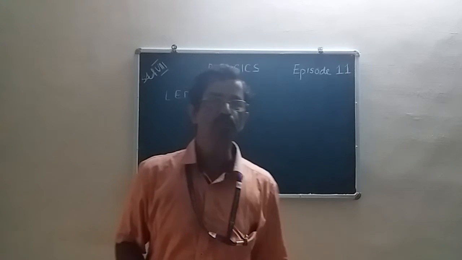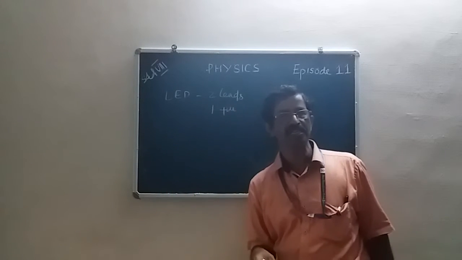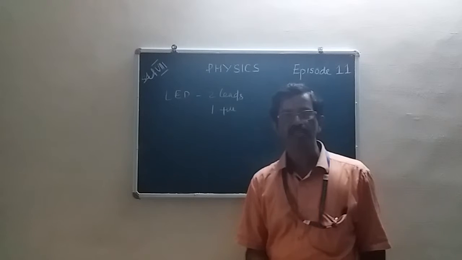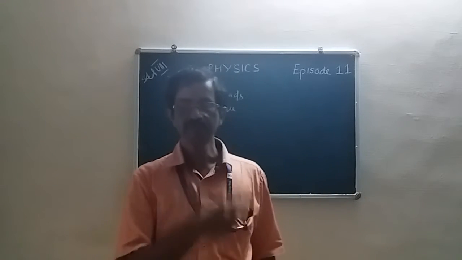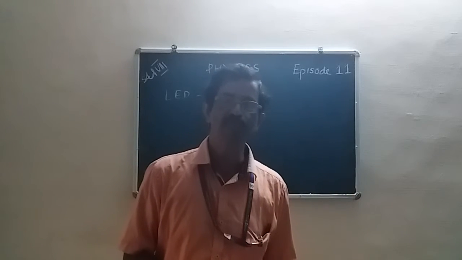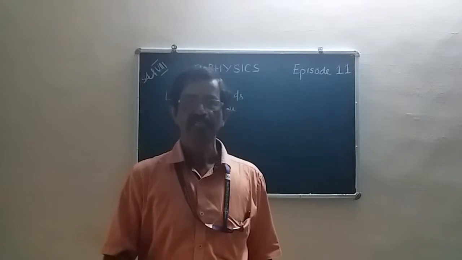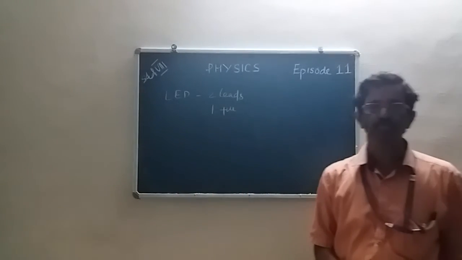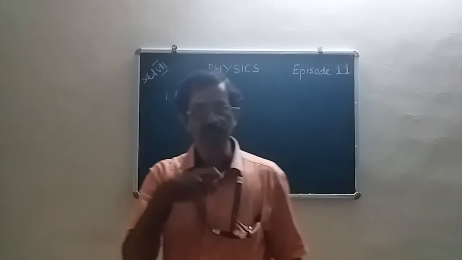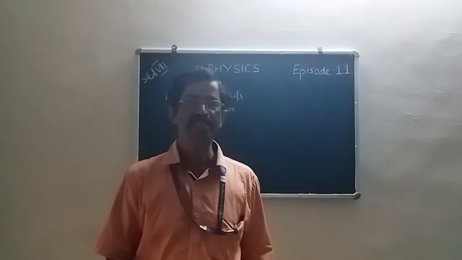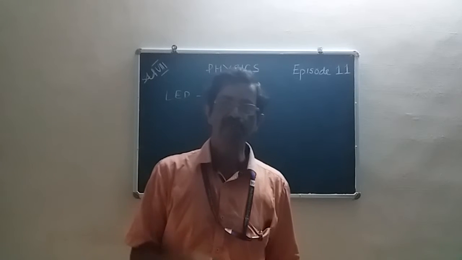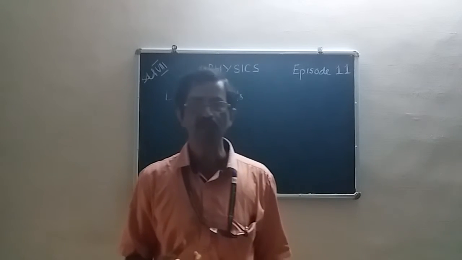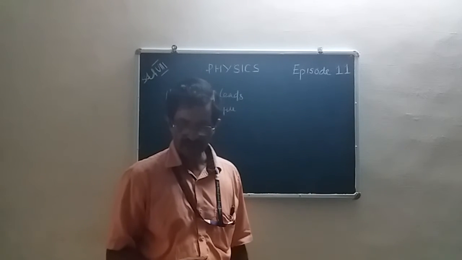What is the advantage of this LED tester and this magnetic effect tester? These two testers can be used to find the presence of current even though the current is very weak.